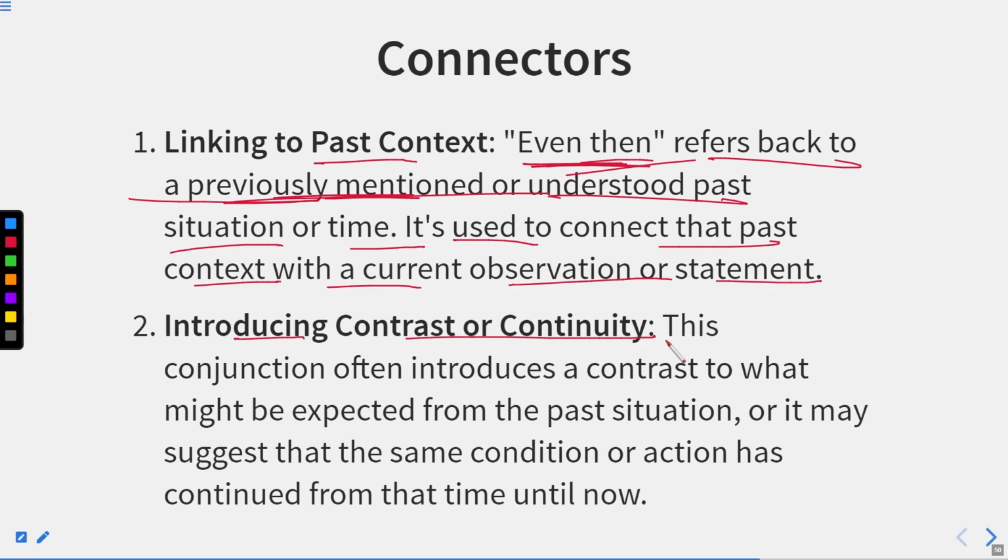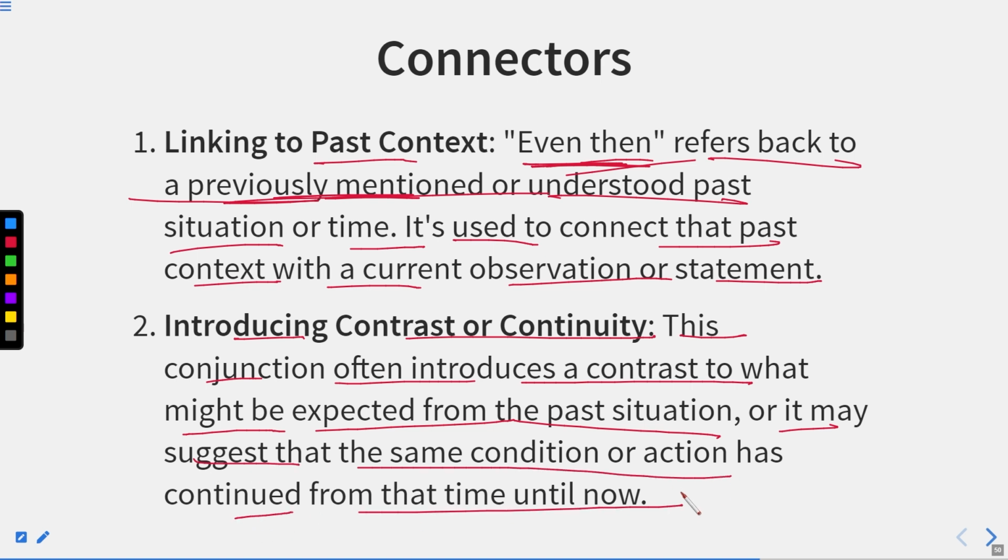Introducing contrast or continuity, this conjunction often introduces a contrast to what might be expected from the past situation, or it may suggest that the same condition or action has continued until now. Okay, so this is how "even then" shows the condition, and also shows the contradiction to some previously said statement.